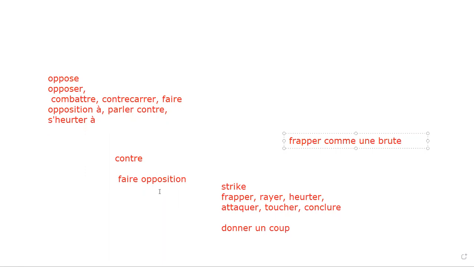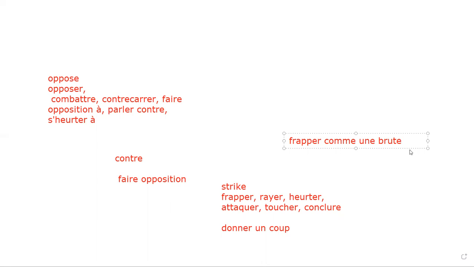Is it clear to you, team? Team, repeat the last one. Frapper comme un brute. Say it. Counter. What is counter? In English, counter. To counter the situation. Counter. Face the situation. Yes, exactly. Frapper comme un brute.